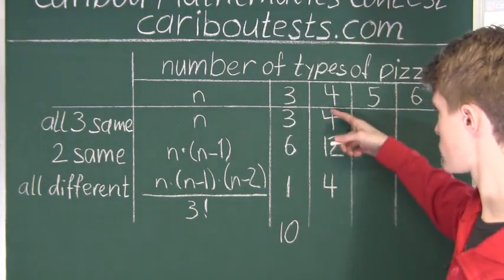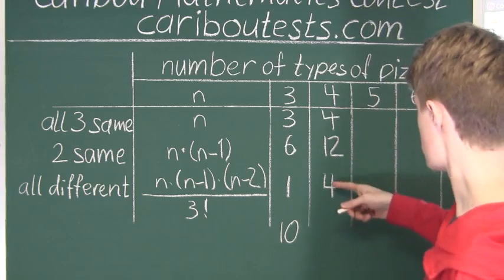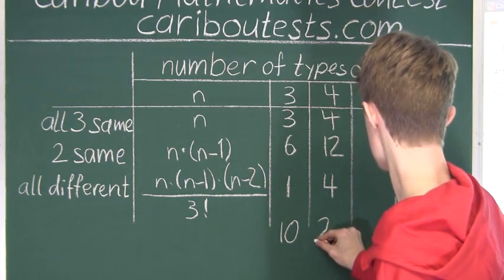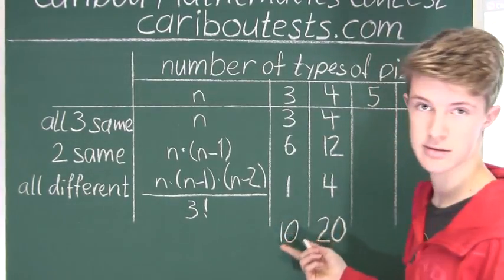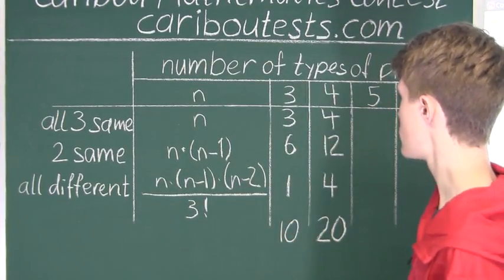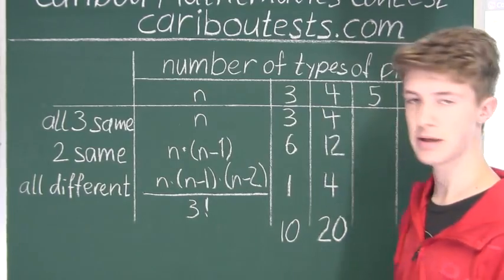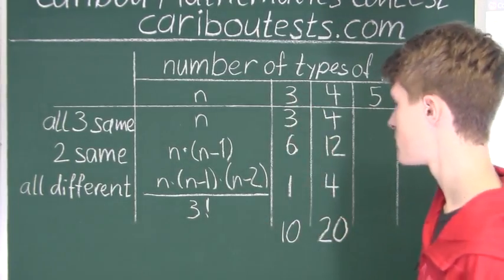So now the total is 4 plus 12 is 16, plus 4 is 20. So this is different. And therefore, since we wanted the answer to be 10, we know that the least number of different types of pizzas must be 3.